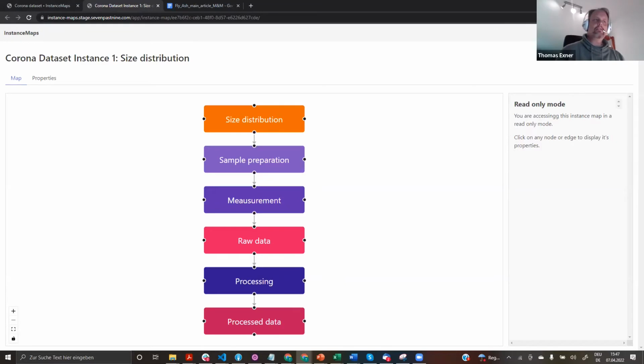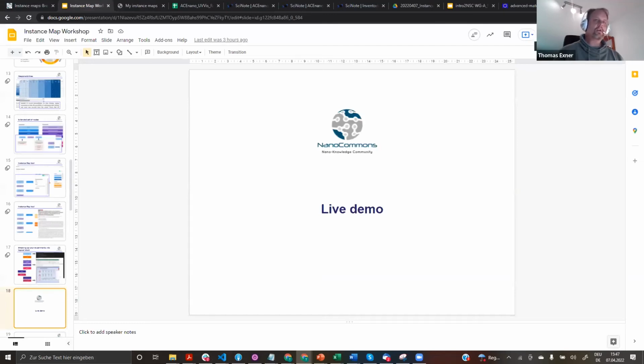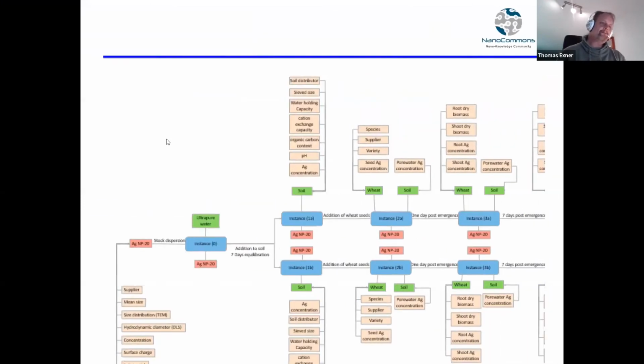Okay, that's that. Going back here, only a few last comments, and then I more or less hand over to Martin again. What you will see is that when you start doing that, if you get the same paper and build an instance map out of it, and then your colleague or friend does the same thing, the chance is quite high that they will look very different.